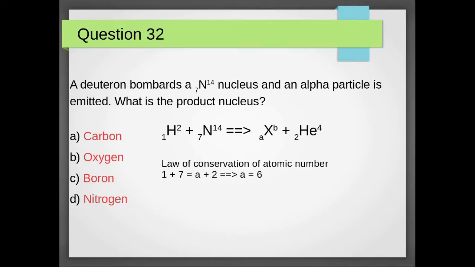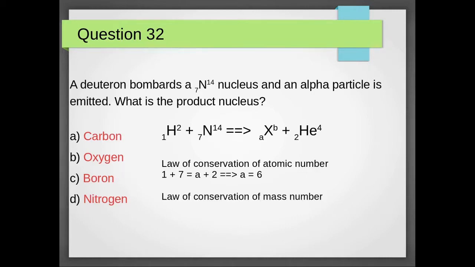So 1 plus 7 on the left hand side should be equal to A plus 2, which gives A as 6. So the new element that's formed has an atomic number of 6. So that should give us an idea of which element it is.